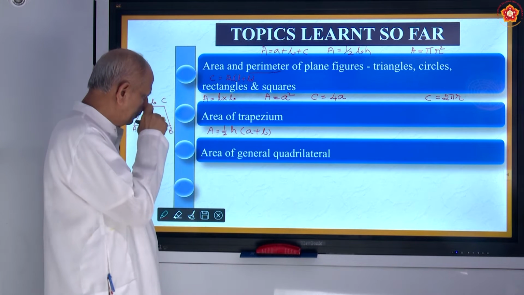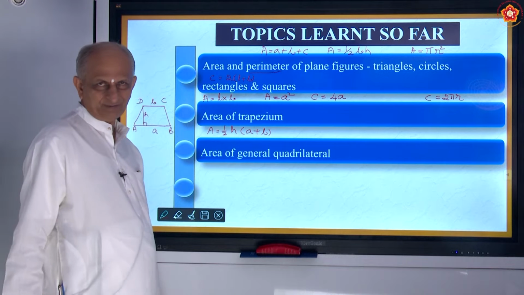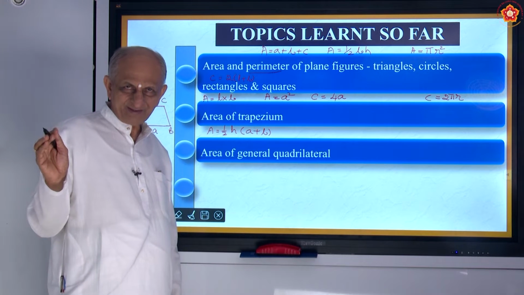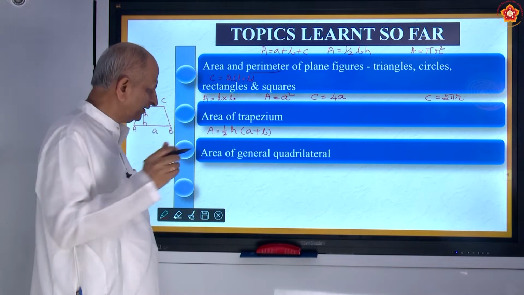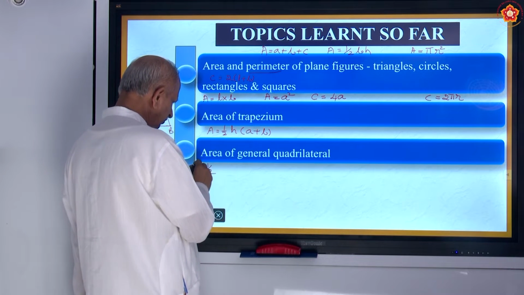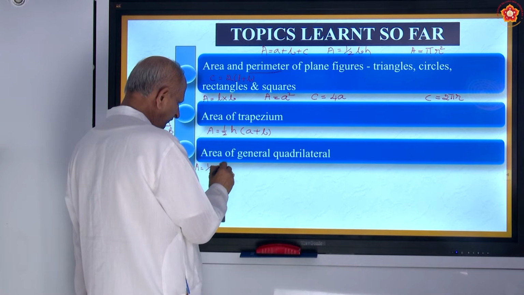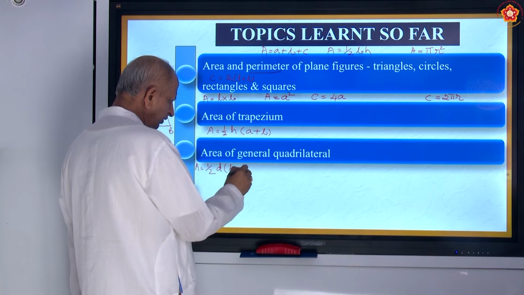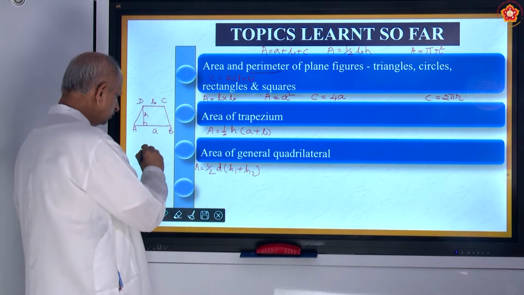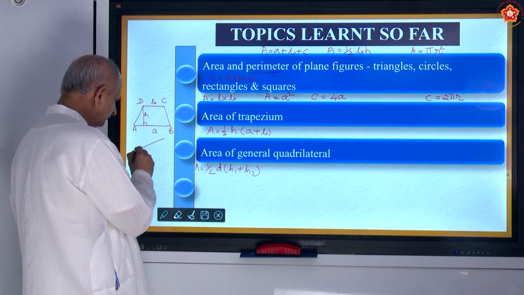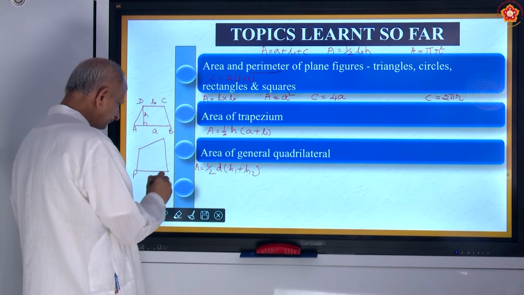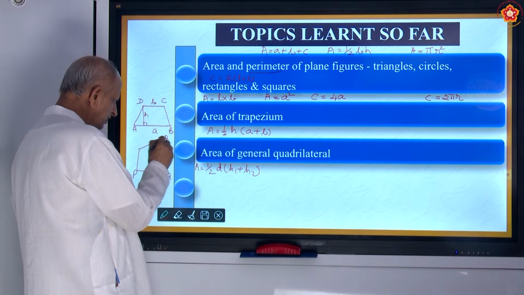And also you have studied about general quadrilateral. What is a quadrilateral? It's a plane figure having 4 sides, 4 vertices, is it not? And 4 angles. So area of a general quadrilateral is half of D into H1 plus H2. What are H1, H2? They are the heights. Suppose this PQRS is a quadrilateral.